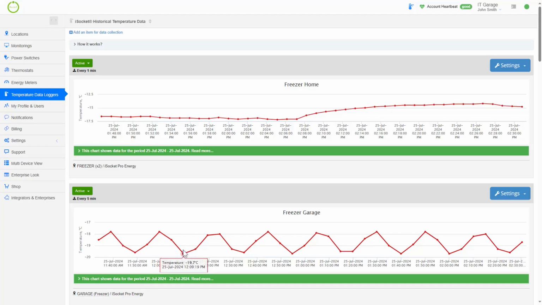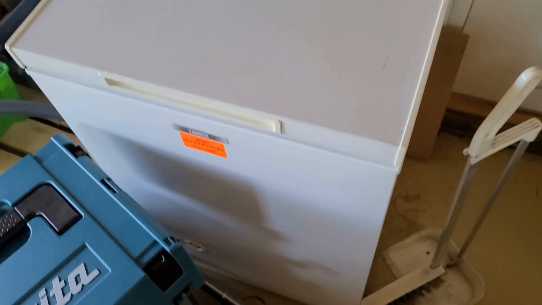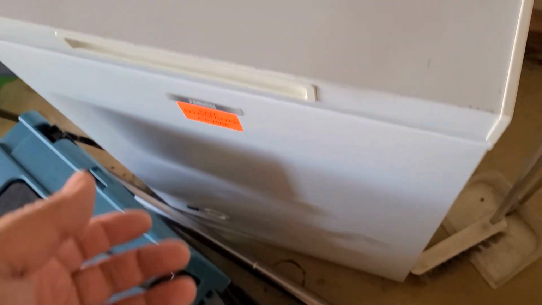When it runs, the temperature drops. Here we have almost minus 20. Okay, that was about the freezers. It was this freezer. So that is the knob, no indicator, and the sensor is there.